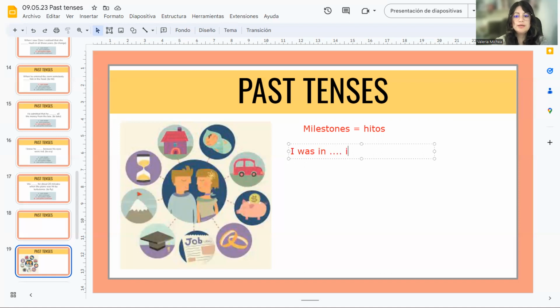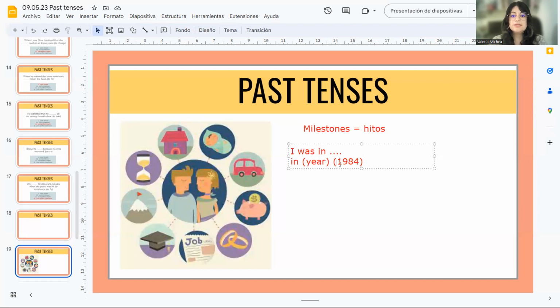You can say in, let me tell you this because I know that you can make mistakes with this one. I'm talking about prepositions. You are going to use in if you are going to refer to a year. For example, I don't know, let's go back, 1984, for example.